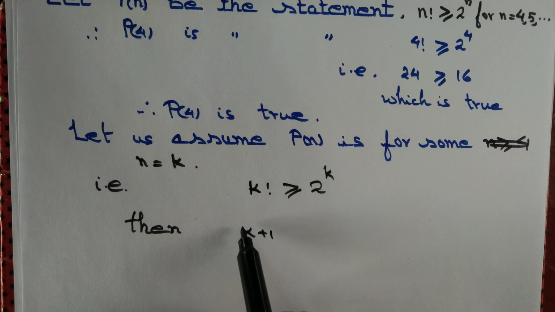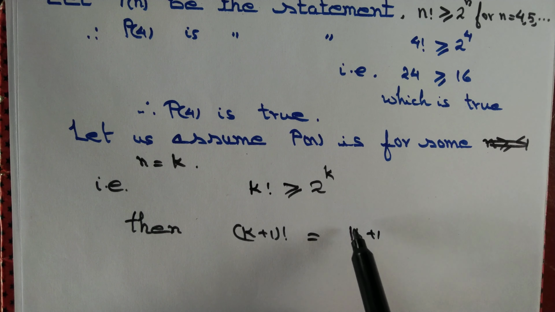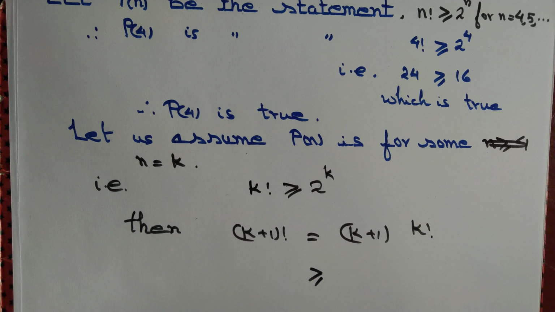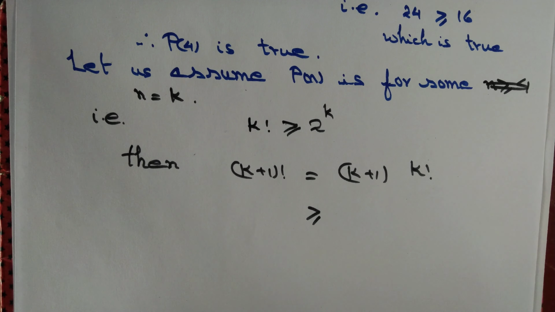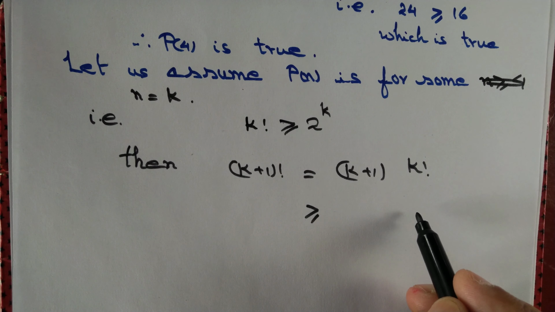factorial k plus 1 equals k plus 1 times factorial k, which is greater than or equal to, in fact it will be strictly greater than, factorial k is equal to as well, maybe.